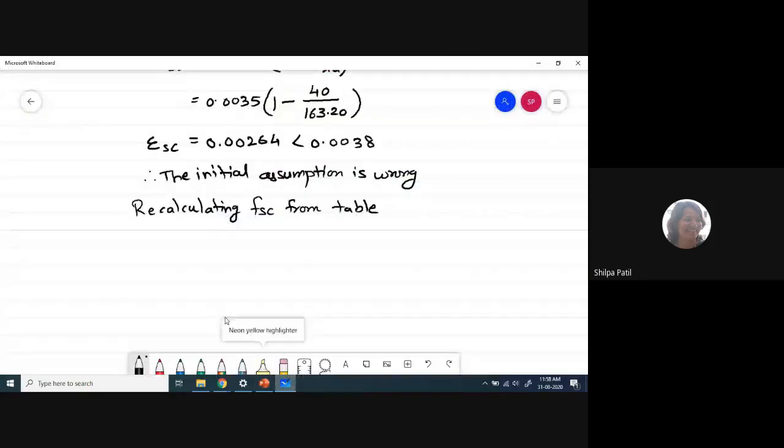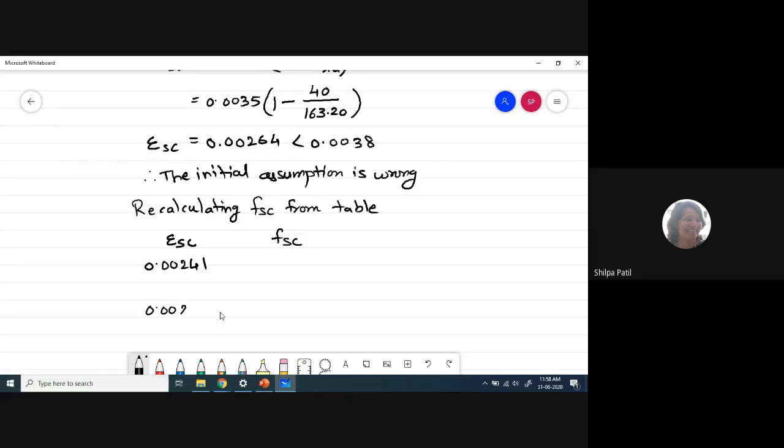I will write down the epsilon SC values and FSC values, which are the corresponding stress values.